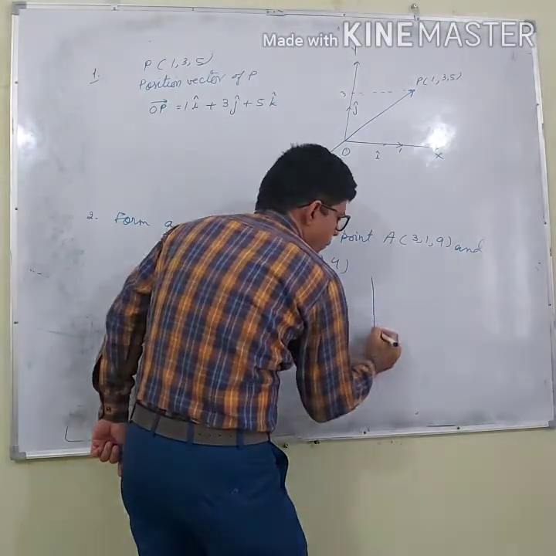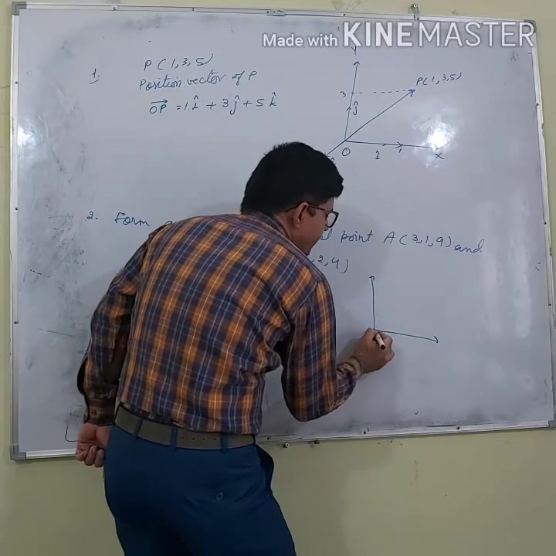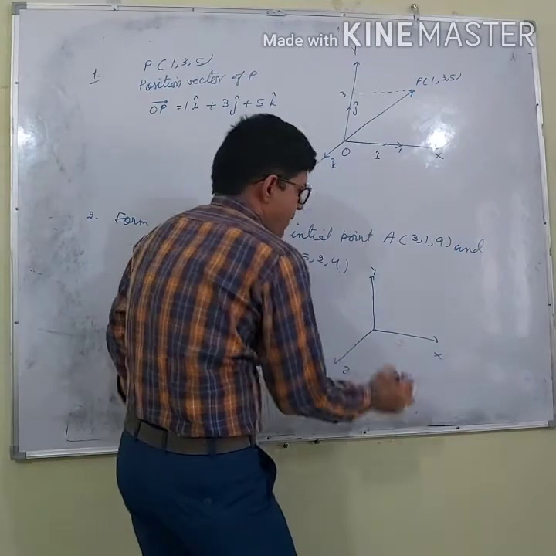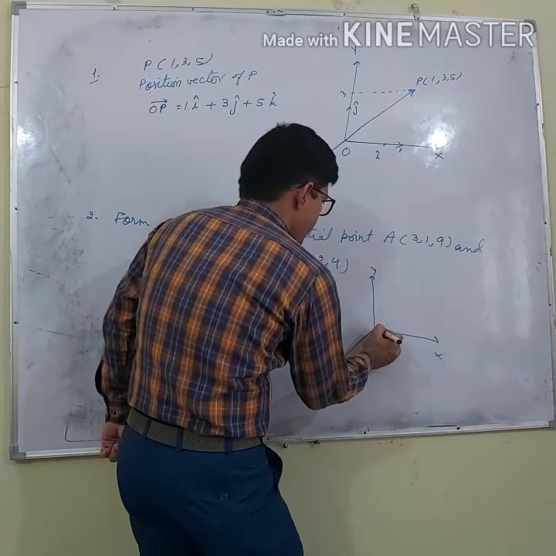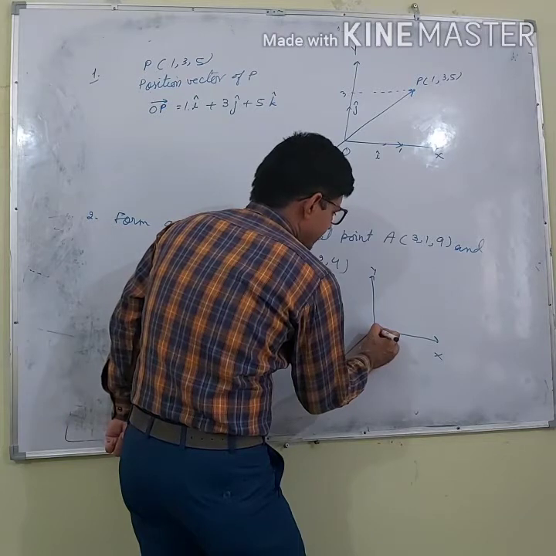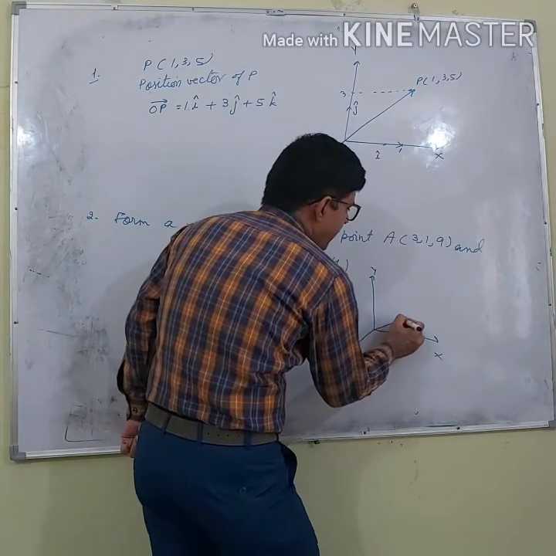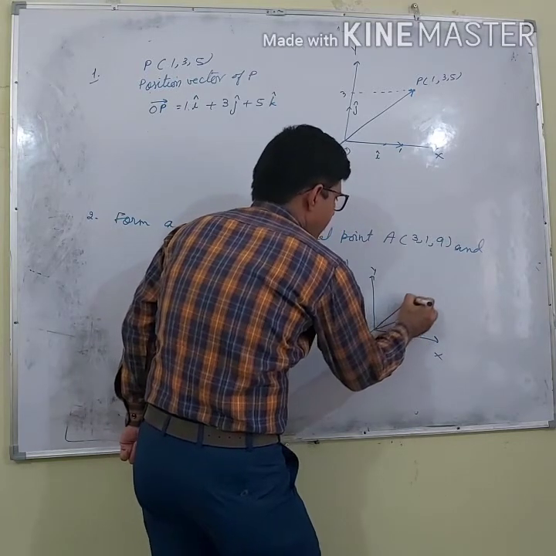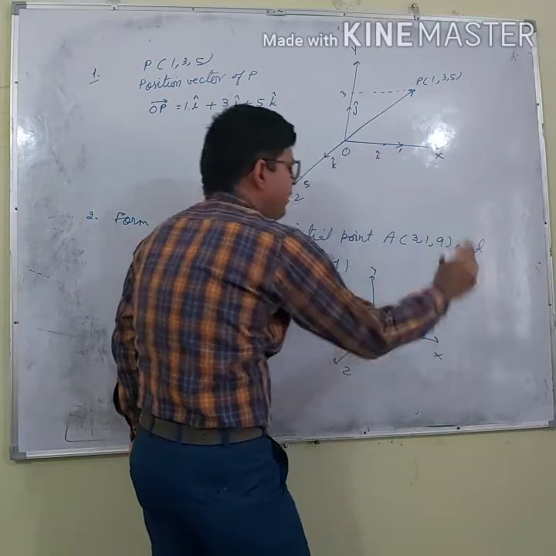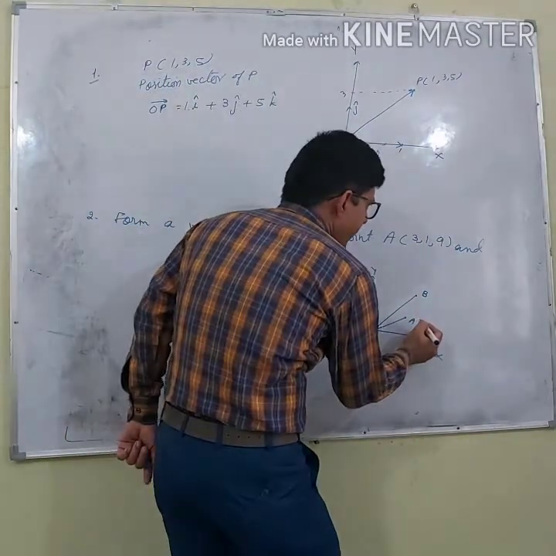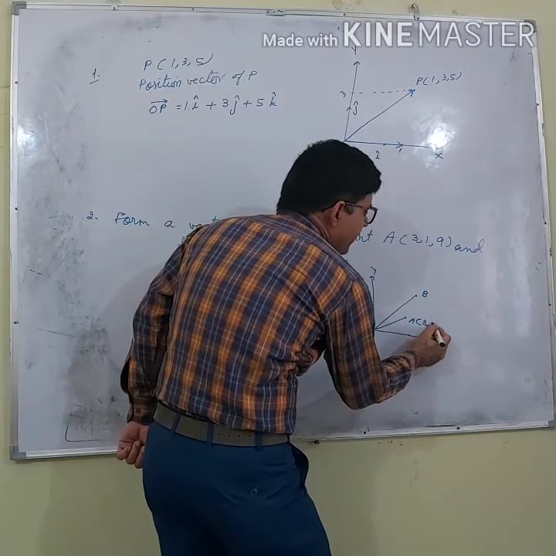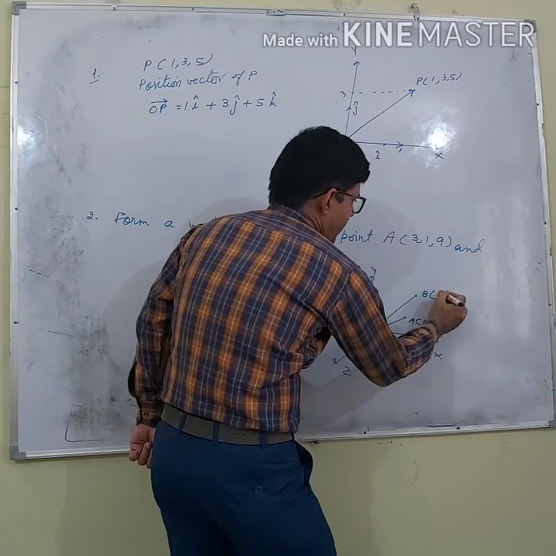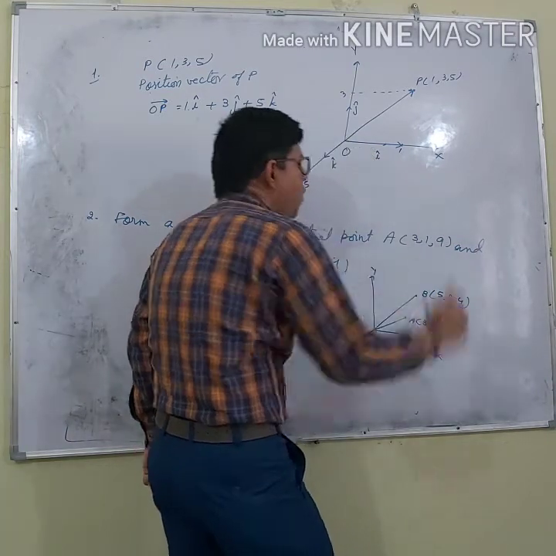Let us say these are the three axes: x-axis, y-axis, and z-axis. And let us say this is the point A, and this is the point B. Coordinates of A are 3, 1, 9, and coordinates of B are 5, 2, 4.